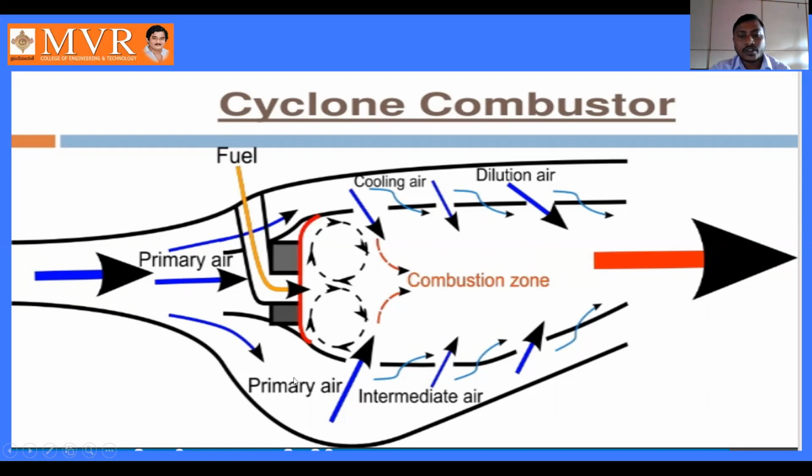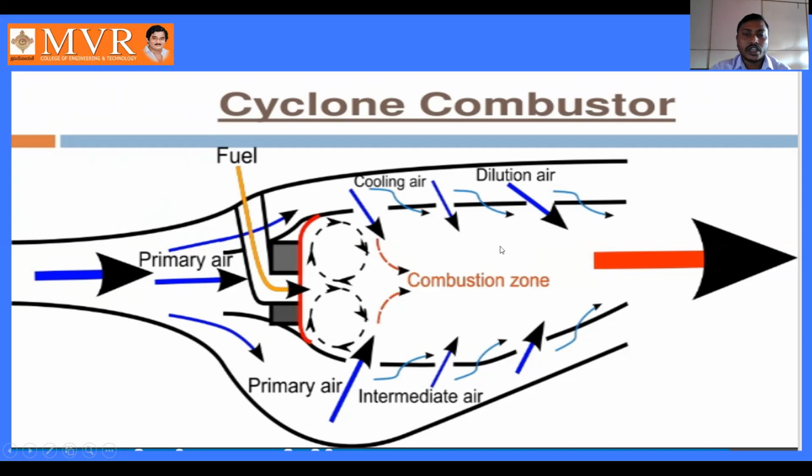After entering, the cool air and the dilution air enter into the combustion chamber along with the fuel, and by using these we carry out the cyclone combustion process.